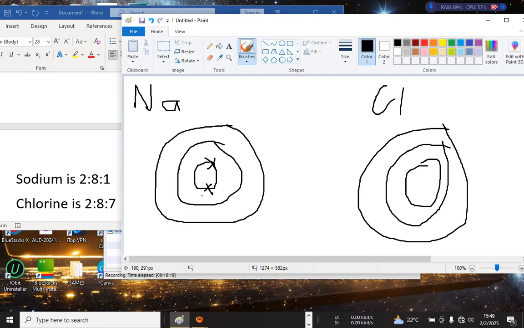So the first shell is complete, and the second shell should have a maximum of 8. Starting from the third shell, it can have more than 8, but a shell with 8 valence electrons is said to be completely full. So sodium in the second shell has 8. So do them.